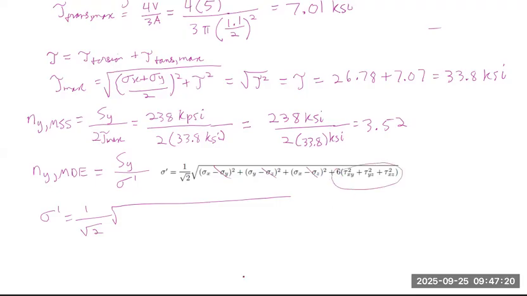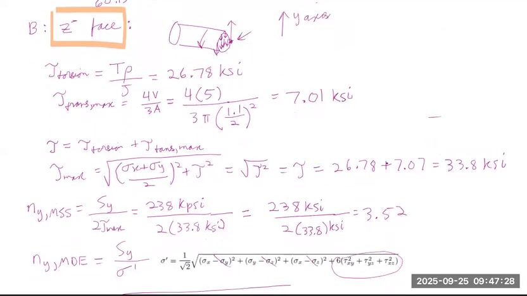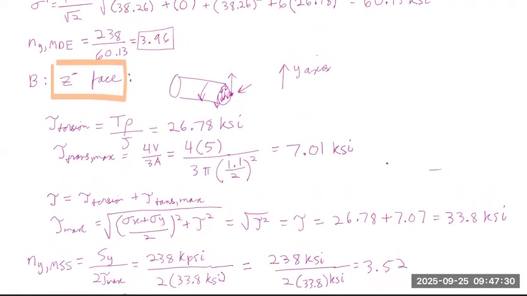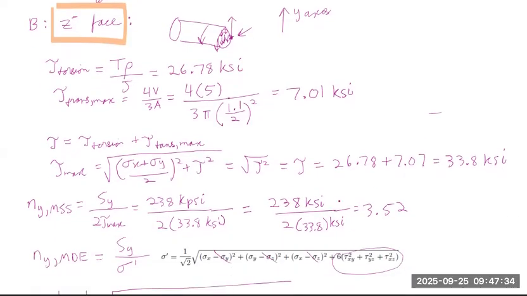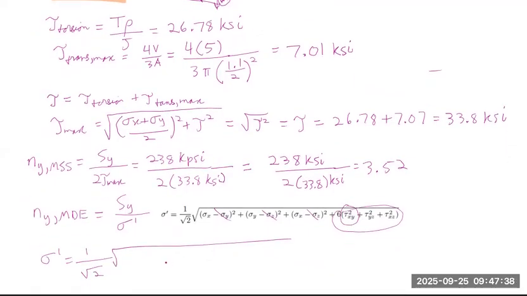And our shear stress term is going to be tau xz, because it's acting on the x face. Wait, no, actually, it's acting on the x face in the y direction, so it's going to be tau xy. But it doesn't really matter.